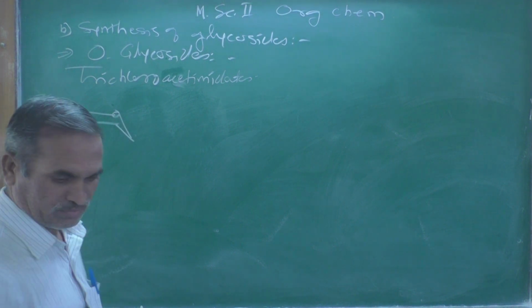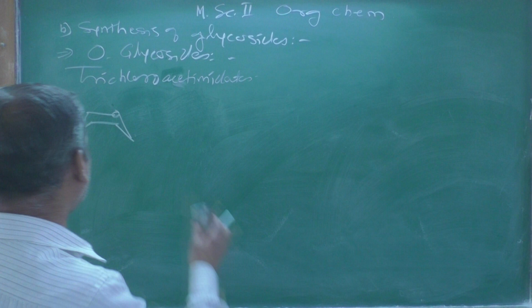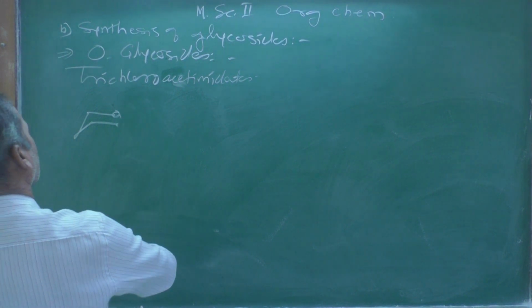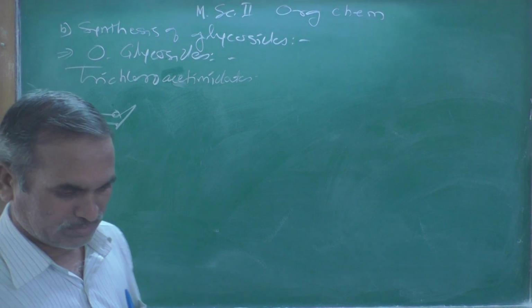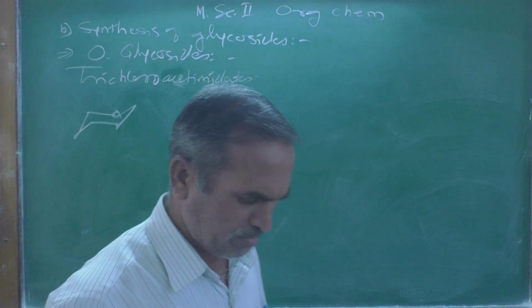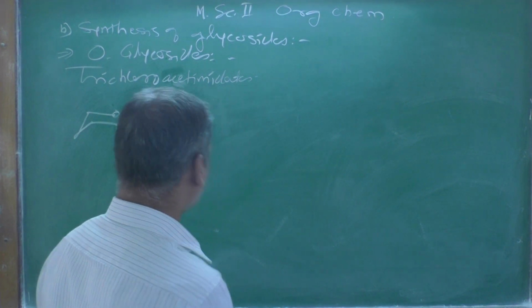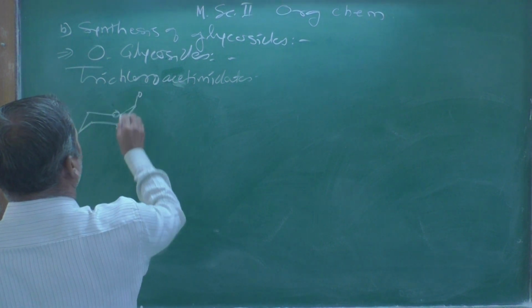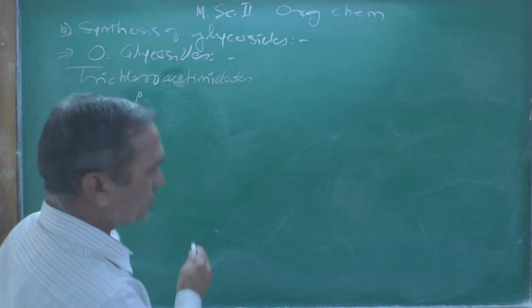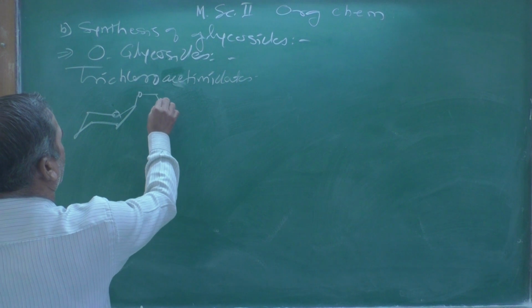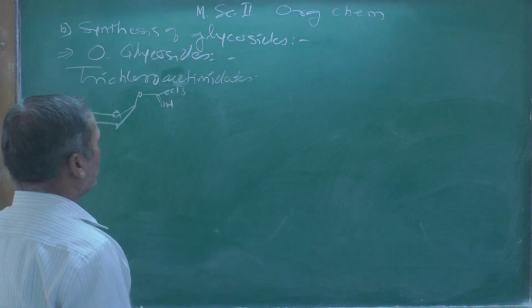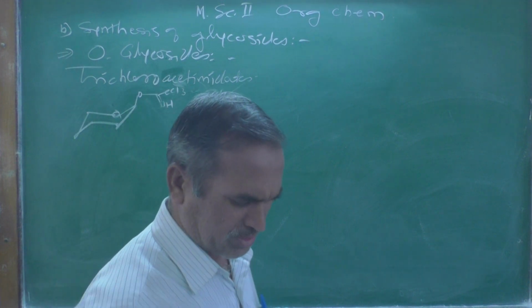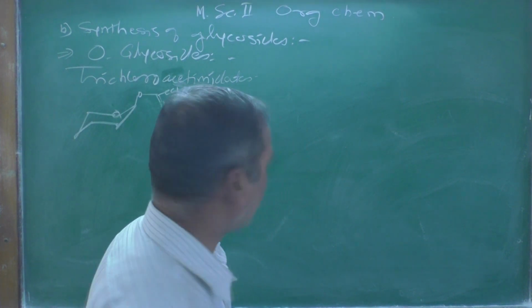I think we made a mistake, it must be drawn as a chair form. In a hurry I showed it like this, but remember this is the compound, here the oxygen atom, and then we can draw here a double bond NH and CCl3, that is a trichloroacetimidate we can draw over here.